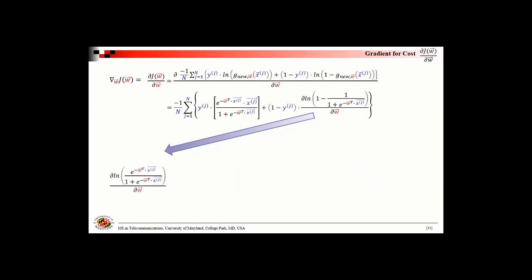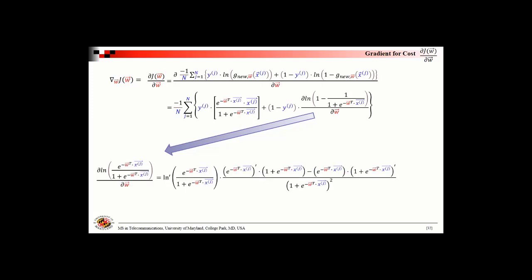In this case, what happens is that you get the log prime times the derivative of whatever's inside of the log as well. Now we know that the derivative of the log is 1 over whatever is the argument of the log. And in this case, we have the derivative of a quotient, so we're going to use the quotient rule of derivatives.